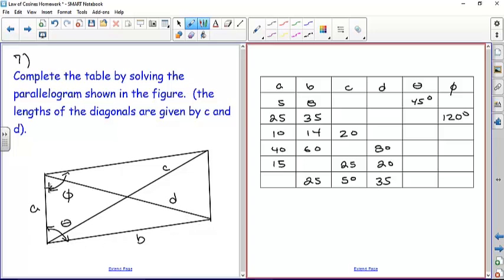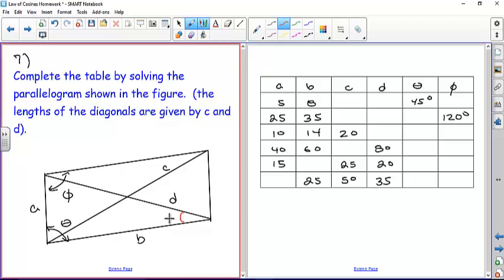The other thing too is these triangles are similar to each other, these two here. So knowing theta and A and B, we can figure out what this angle is. So we'll call that alpha. And then if we know alpha, what can we do with that?